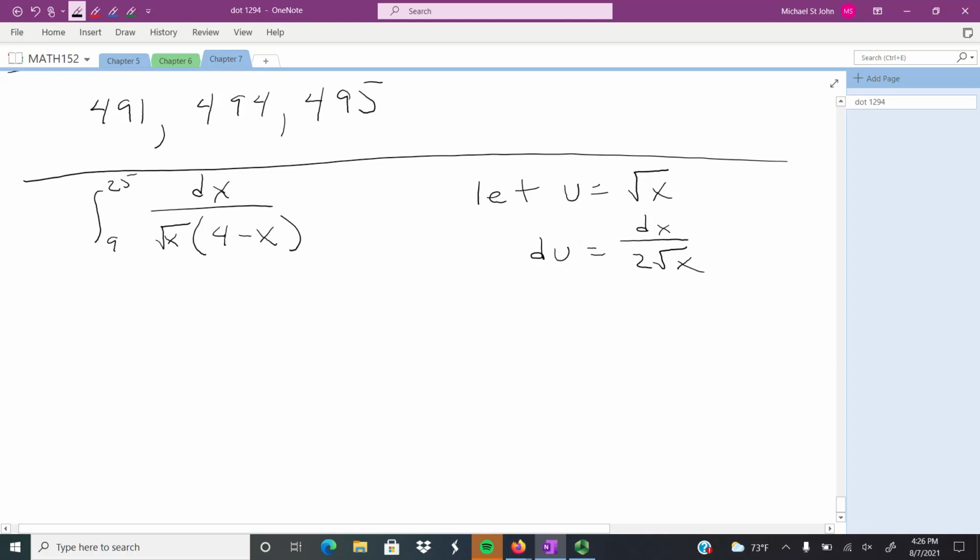So now we're going to rewrite our integral. So now this is going to become 2 outside. This is going to be du over 4 minus u squared. And now what I'm integrating from, because u is now the square root of x, well, the square root of 9 is 3, and the square root of 25 is 5.